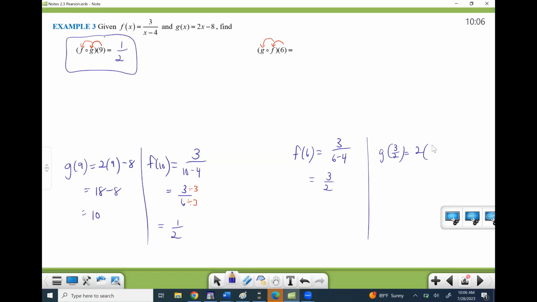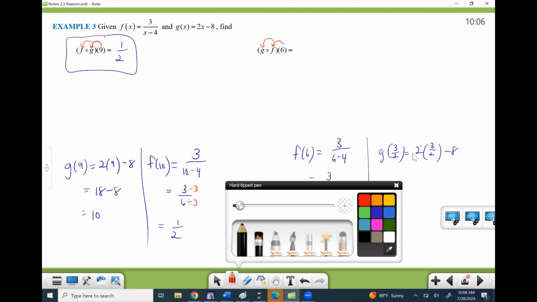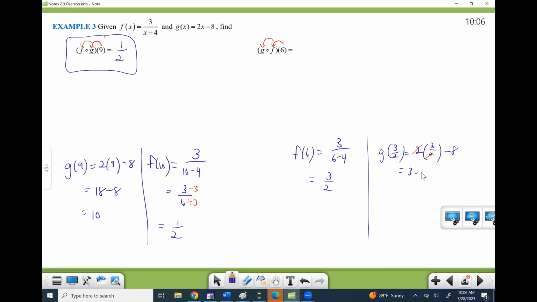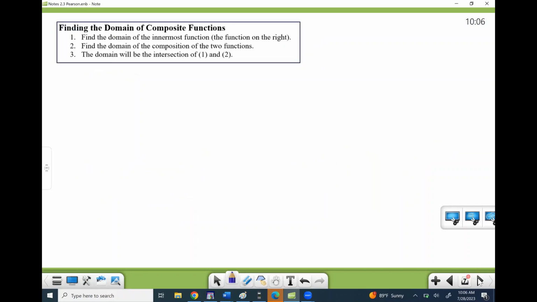So 2 times 3 over 2, minus 8. These 2's can cancel with each other, so we're just left with 3 minus 8. And that gets us -5 for the final answer. Not too bad. It's way easier when there are numbers, huh? So just work from right to left and you'll be good.